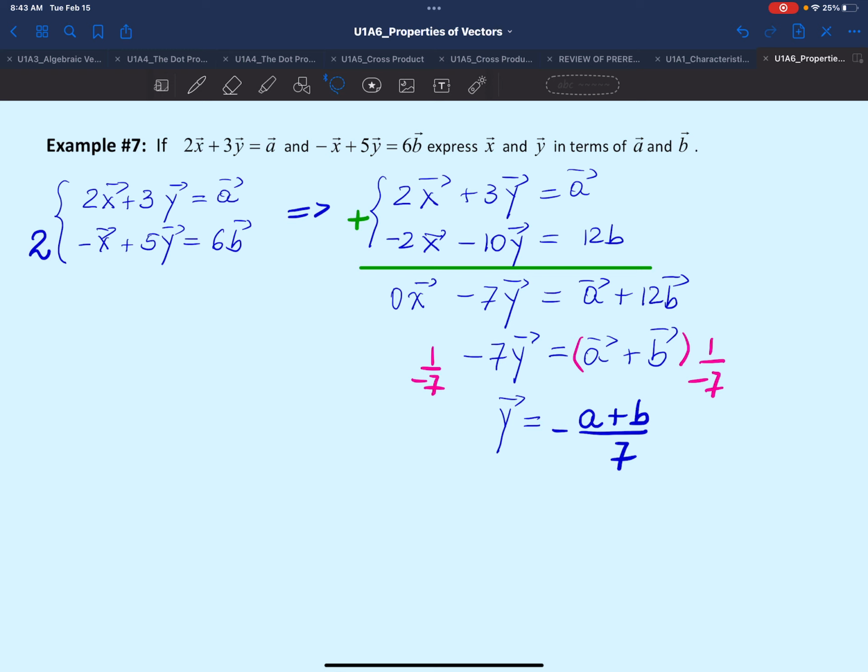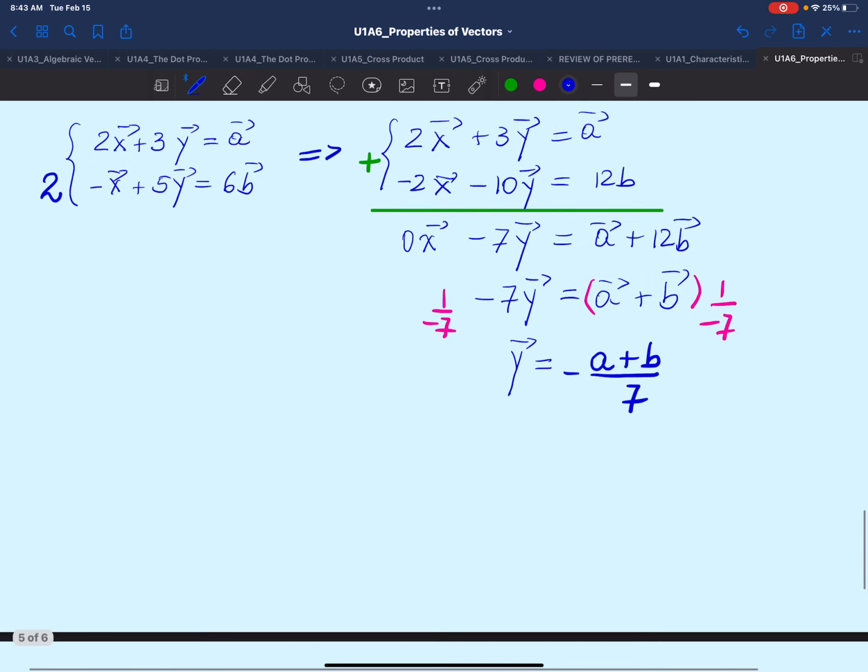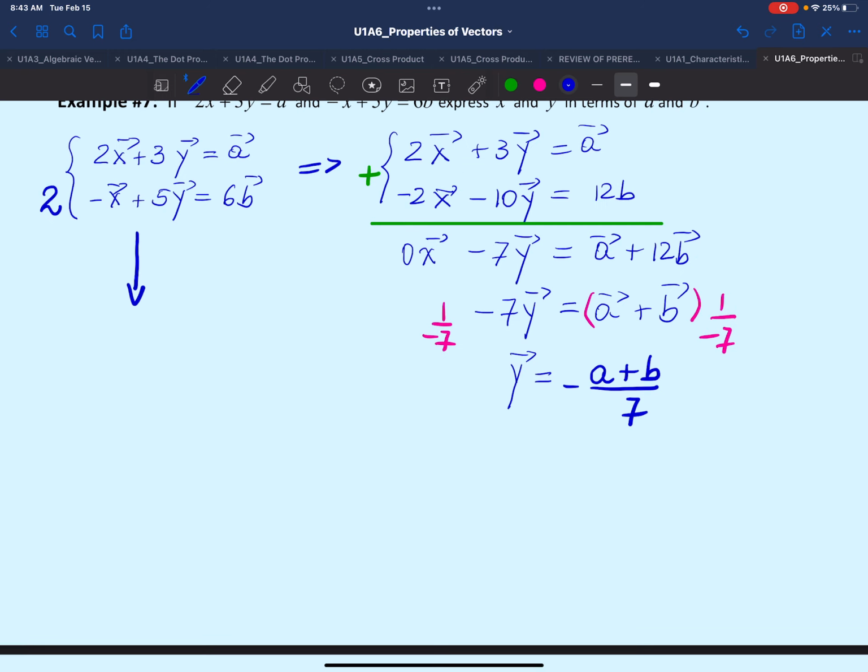Now that we have the vector y, we can express vector x in terms of a and b by simply using one of the equations. So I'm going to use negative x plus 5y equals 6b. And I will replace y with negative a plus b over 7.